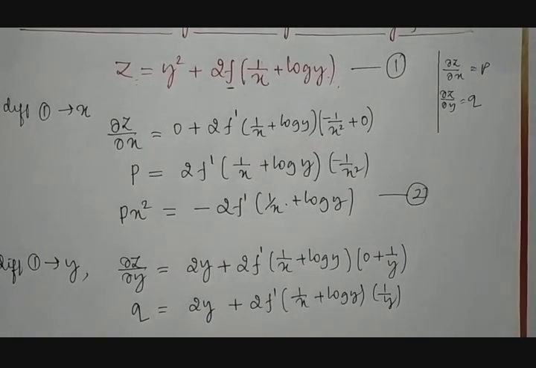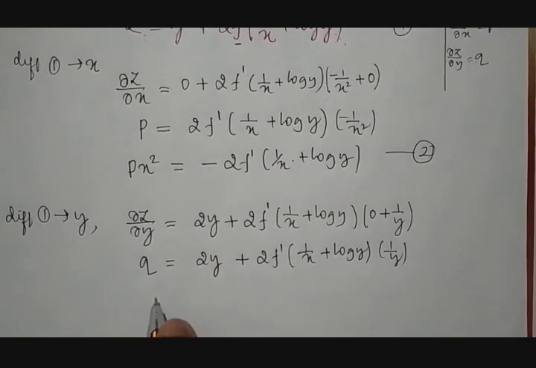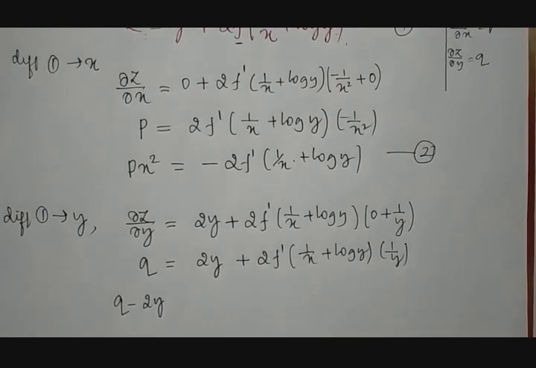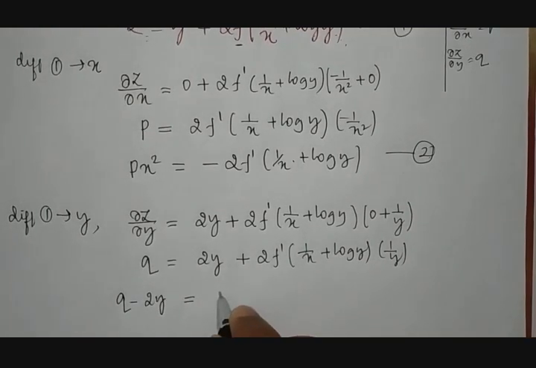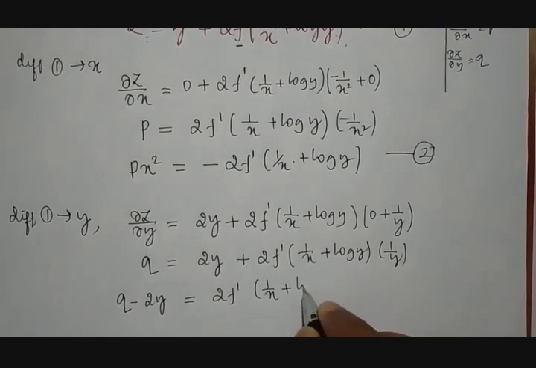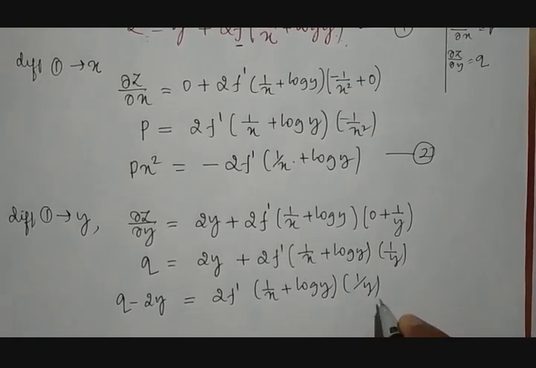Now we do one thing. We'll take this 2y to the other end. When we switch this over, it becomes q minus 2y, which is equal to 2 into f dash of 1 divided by x plus log y into 1 divided by y.